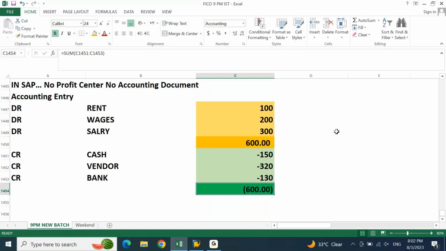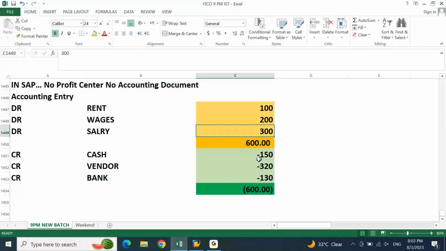Now, if I try to match the individual debit with individual credit, am I able to match or not? Not able to match individual debit with individual credit. I am not able to find the corresponding credit for this 100. Similarly, there is no corresponding credit for 200. There is no corresponding credit for 300. But overall, my document is becoming zero.